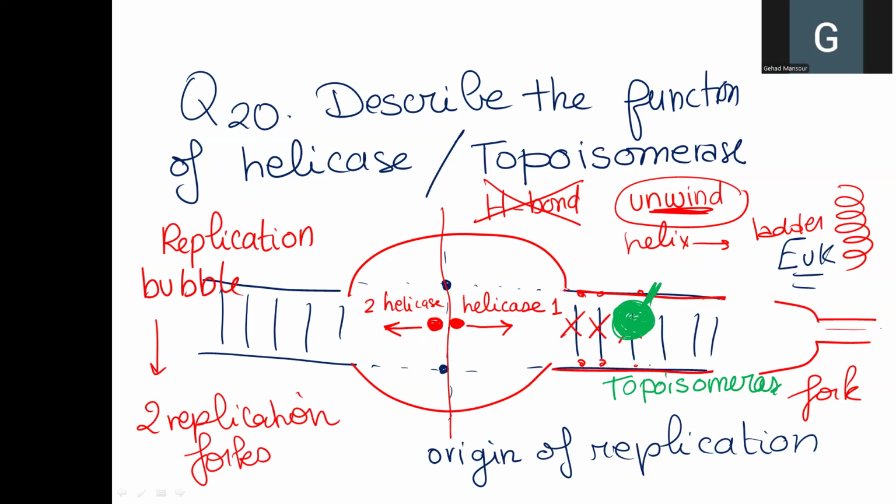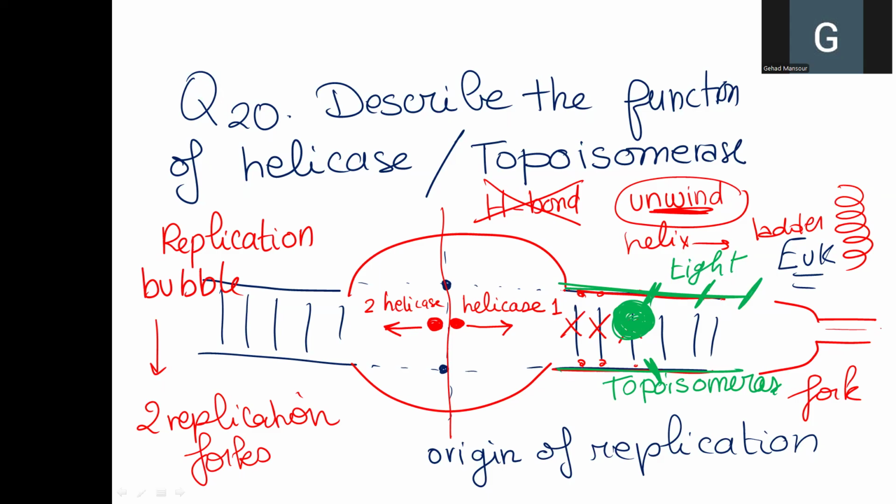It will act on the sugar-phosphate backbone, the main part of the DNA strand, and break down the covalent bonds if the coils of the DNA molecule are too tight, in order to diminish the tightness.